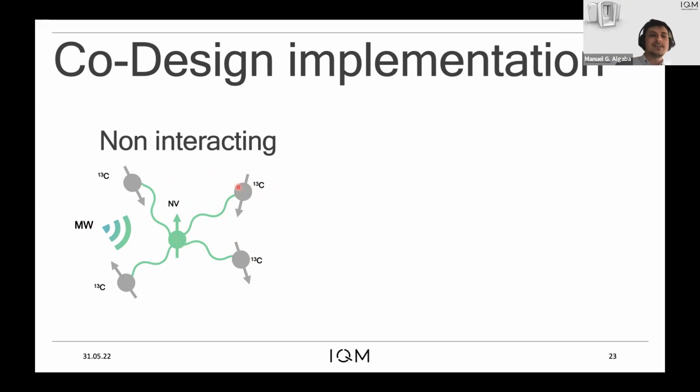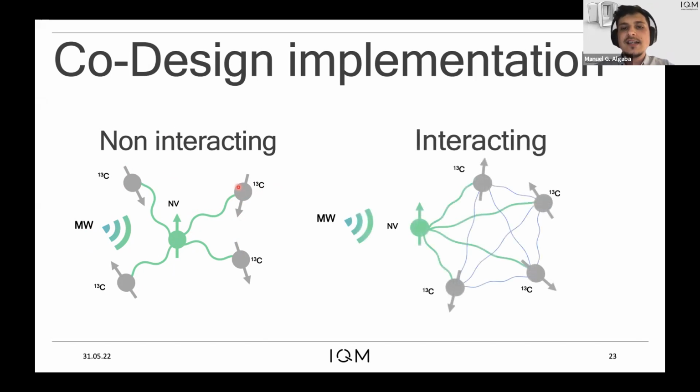So we will just neglect them to start with and see the easy example. But we also considered the interacting case, just to see how much neglecting this will affect. And indeed, this would be something like an all-to-all interaction problem, while this is more of a central spin problem.